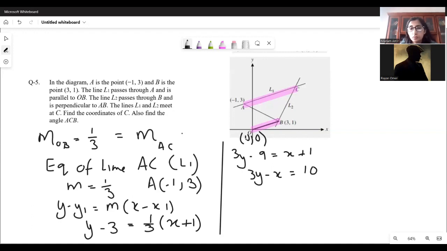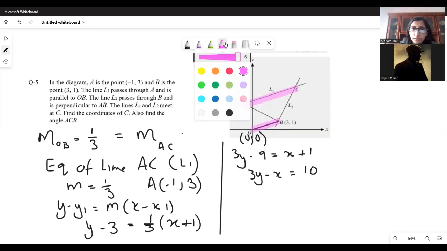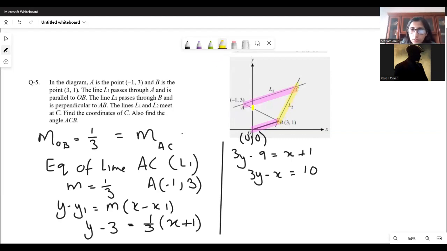This is the equation of line L1. The line L2 passes through B and is perpendicular to AB. Now they're telling us that these two lines are perpendicular to each other. What can we conclude from this information? If they're perpendicular, that means the gradients are the negative reciprocal of each other.